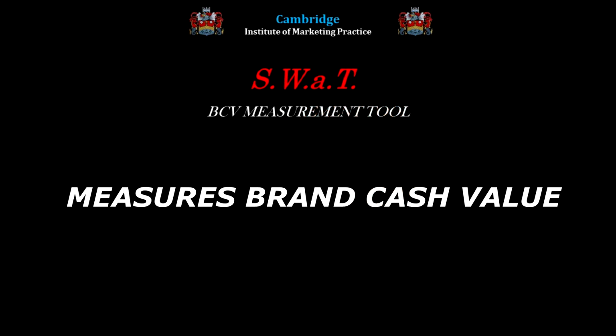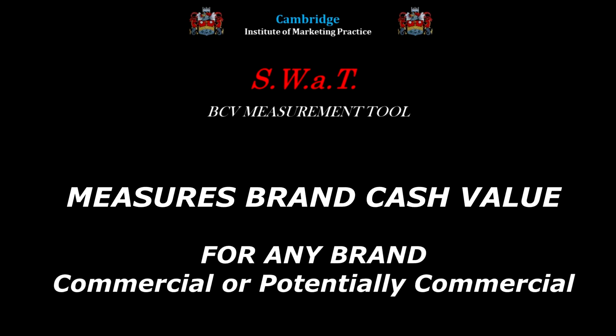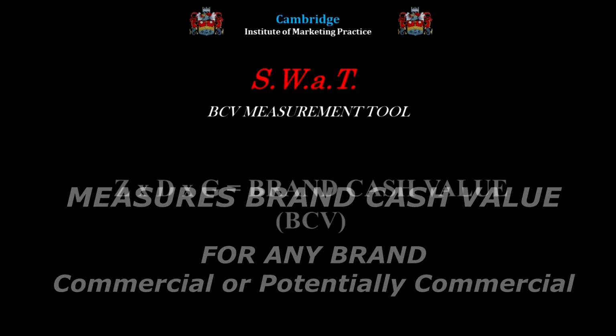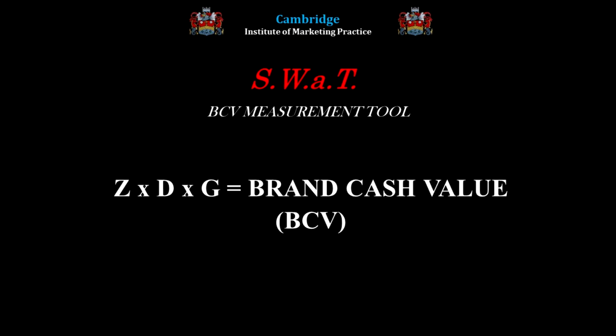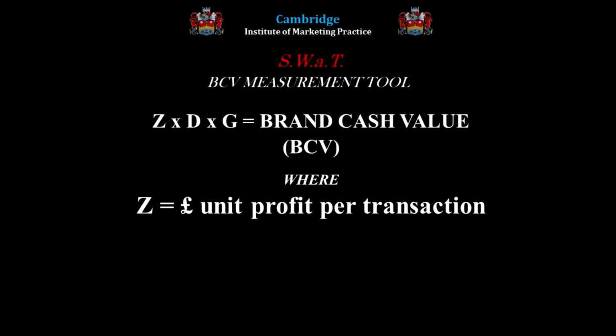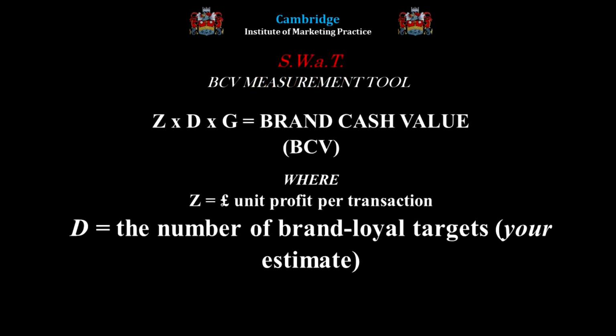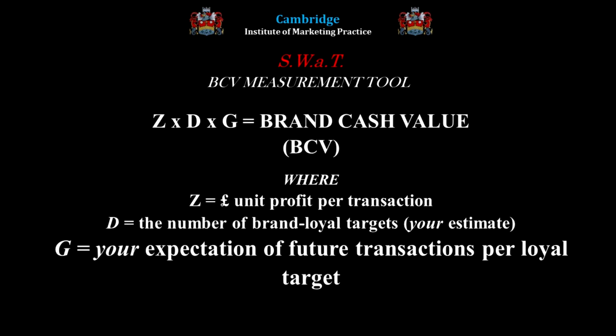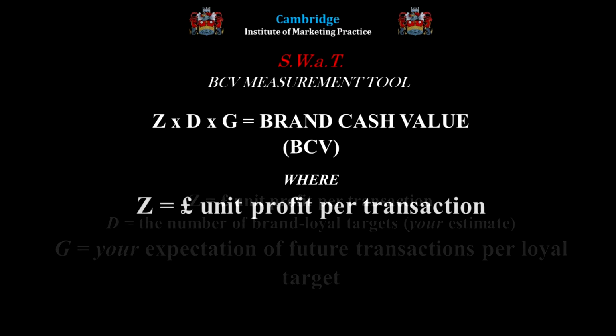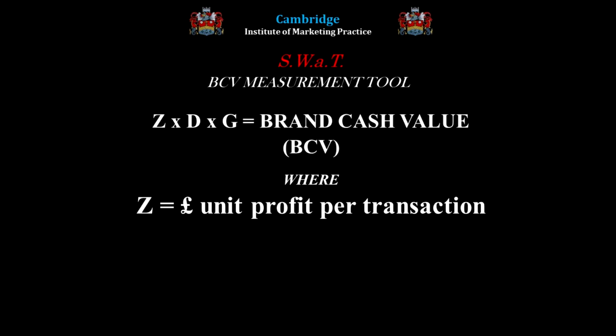The SWaT BCV measurement tool will work for any commercial or potentially commercial brand. It is based on a simple mathematical formula: Z times D times G equals BCV, brand cash value. Z is the gross profit on each transaction. D is the number of targets you judge loyal to your brand, and G is your expectation of future brand transactions per loyal target. To elaborate, take the profit you make on each brand transaction or engagement, variable brand contribution on each sale or unit of income, stripping out all indirect overhead.